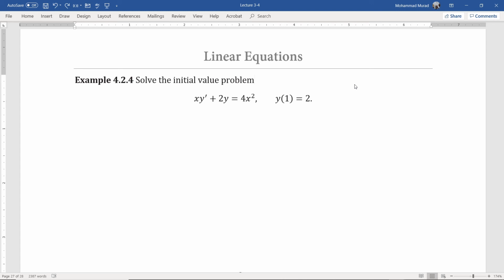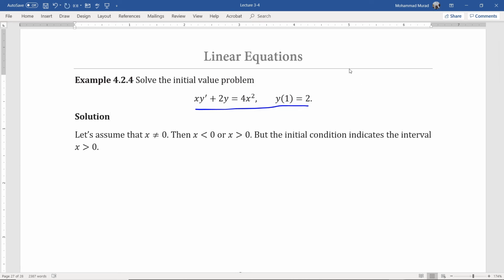We need to solve this initial value problem. The ordinary differential equation we see here is a first order linear differential equation written in its general form. Let's have a look at the solution. Let's assume that x is not equal to 0. Then either x is smaller than 0 or x is larger than 0.